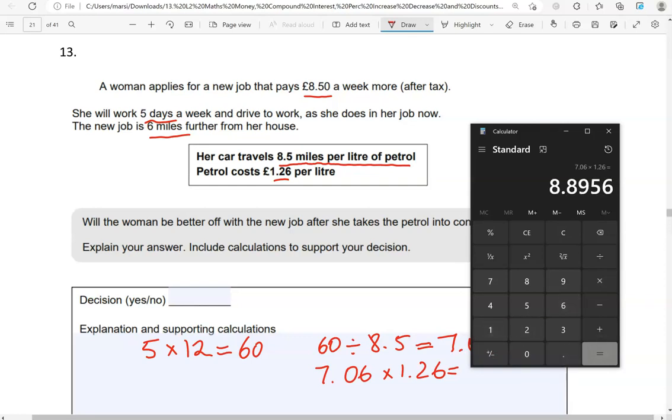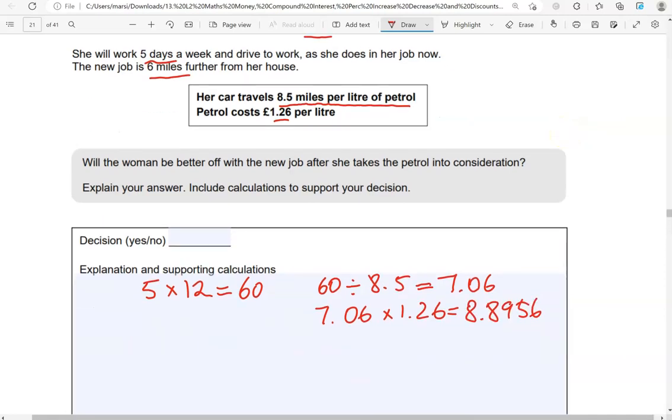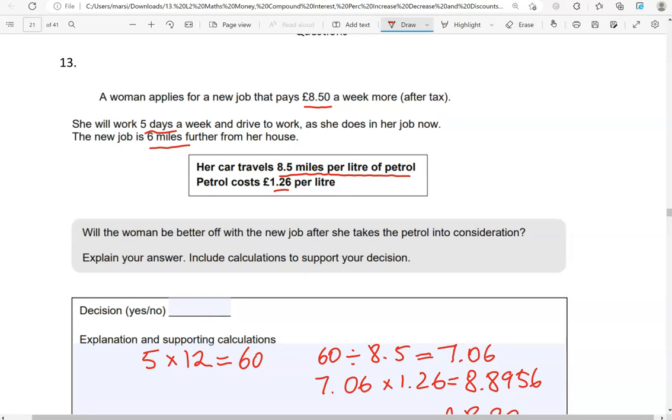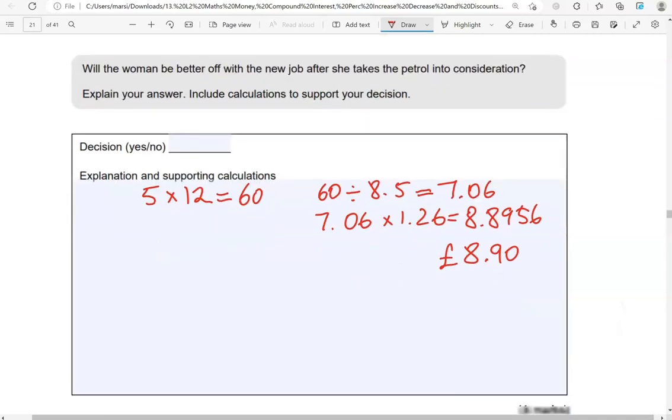Which is 8.8956. So that is £8.90. And if we compare it to £8.50, will the woman be better off with a new job after she takes petrol into consideration? We're going to say no, because that's not enough to cover the cost.